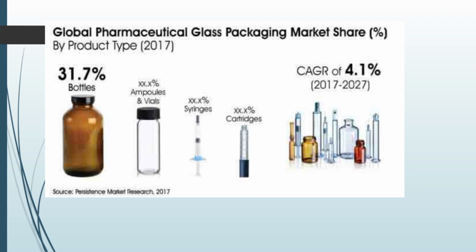According to the product type, glass bottles account for 31.7%, and approximate percentages are given for ampoules and vials, syringes and cartridges. The overall CAGR is 4.1% for the years 2017 to 2027.